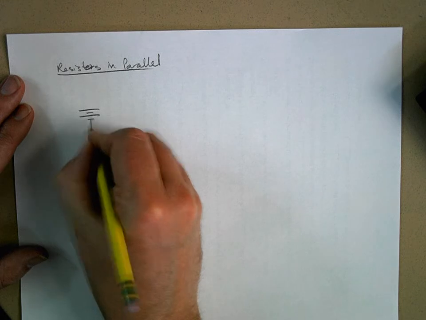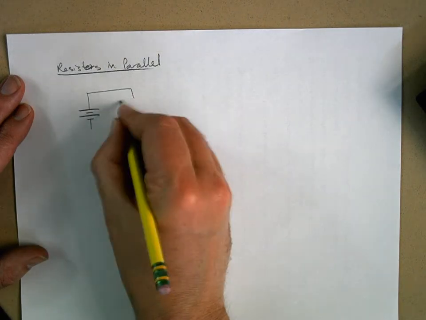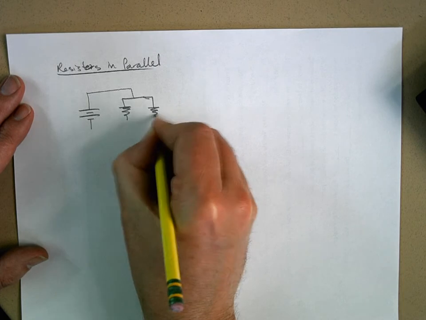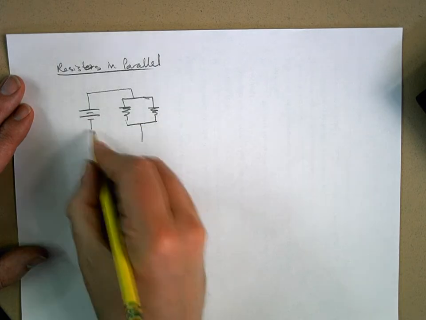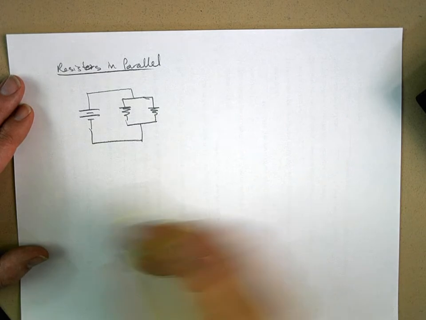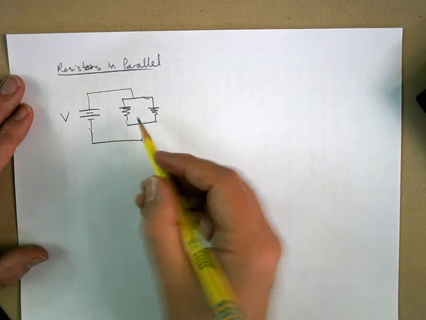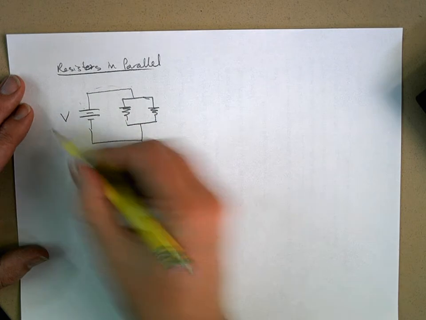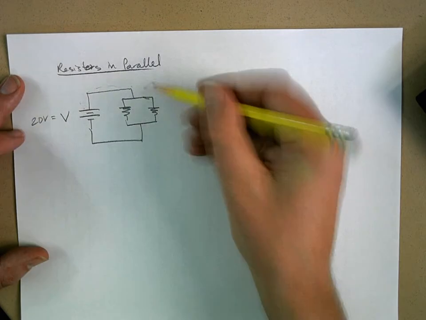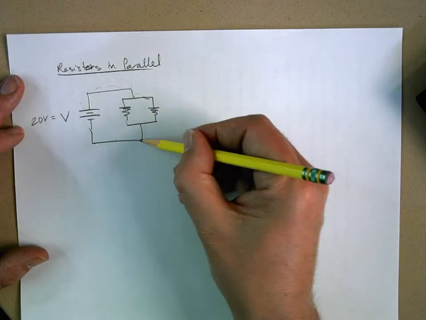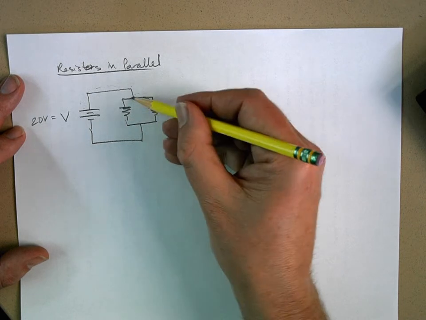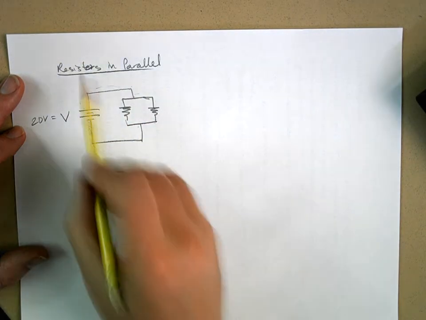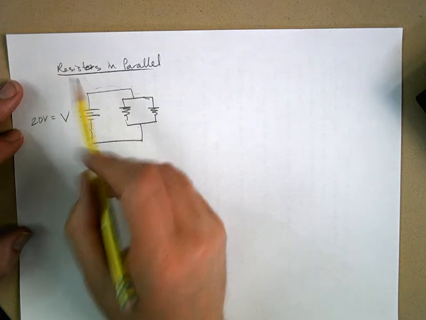Sometimes they'll look like this, kind of sloppy resistors. So here's my voltage. Now notice that if you go around here, let's say this is 20 volts, for example. If you're 20 volts up here, you're at 0 volts down here. And I can either go this way or I can go this way, but it's the same voltage drop. Any circuit elements in parallel have the same voltage drop.